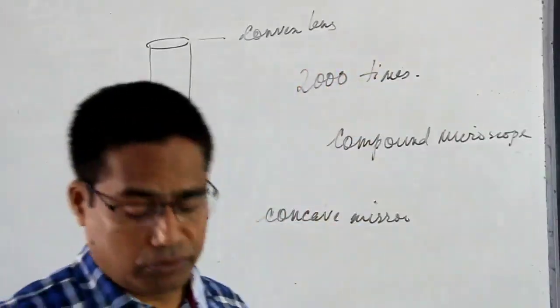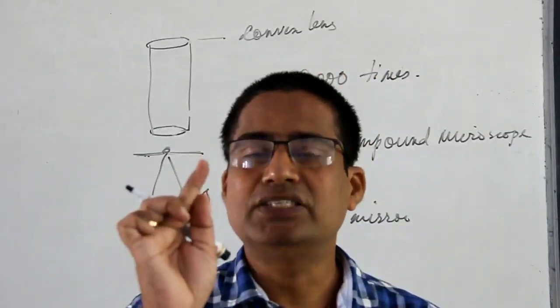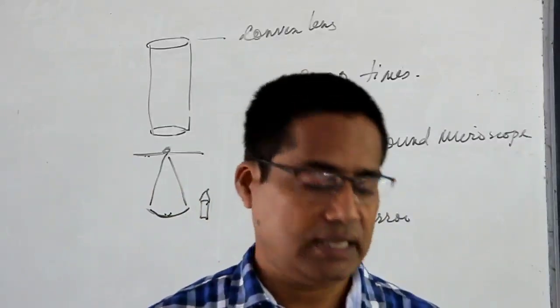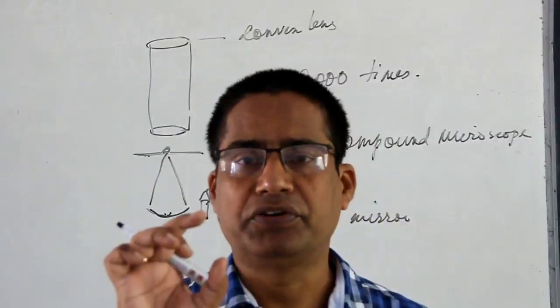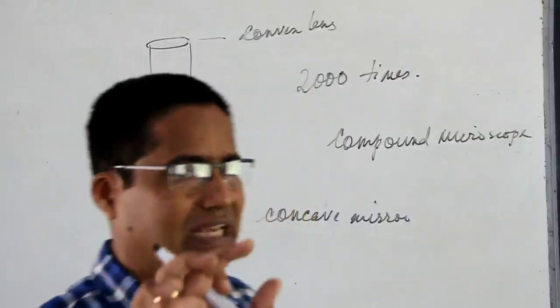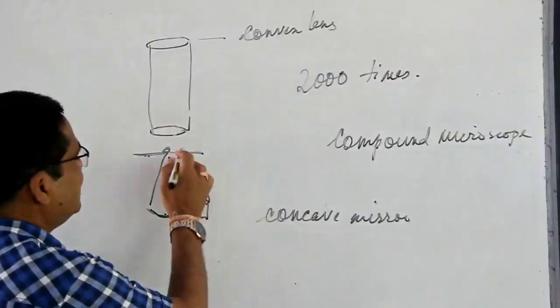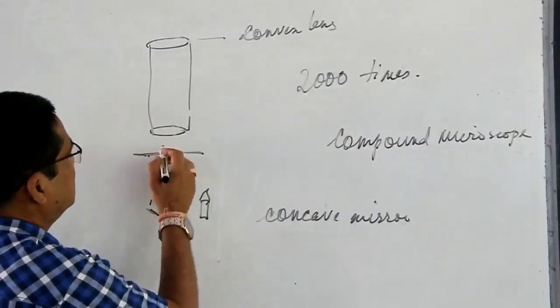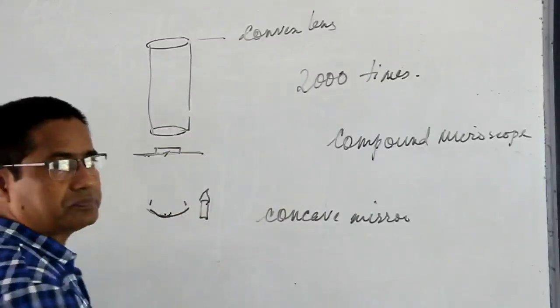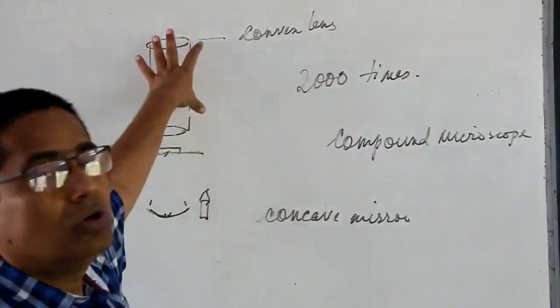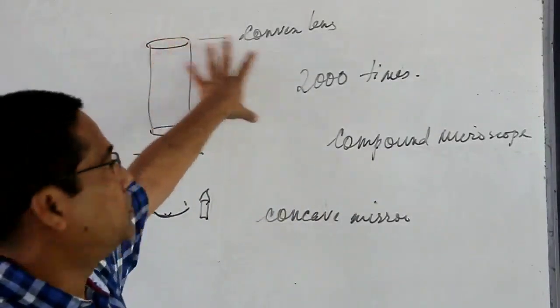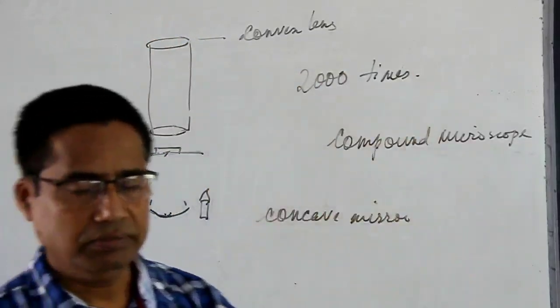Now what Robert Hooke did was, he took a thin slice of cork. Cork is actually the bark of a tree. He took a slice of that cork, put that slice here on the stage, and he observed it under the compound microscope that he invented.